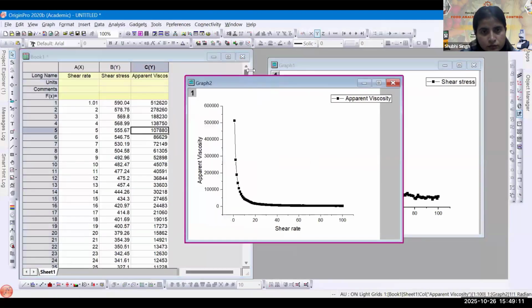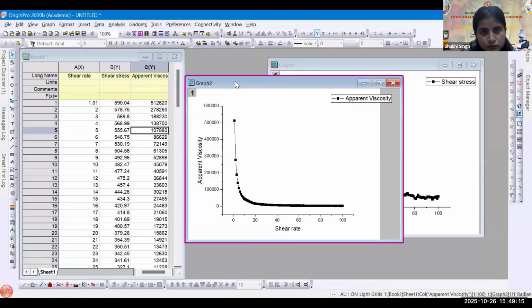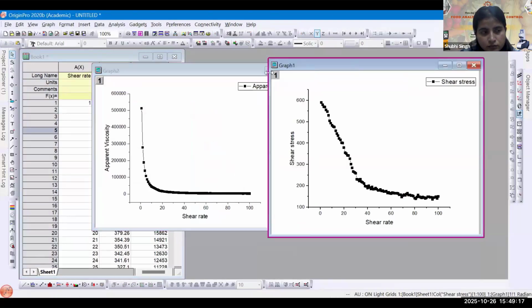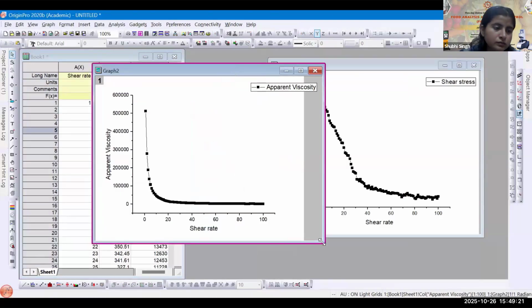Now, individually, we will talk about both of these curves, how to analyze and how to interpret this data. As you can see, this is the apparent viscosity graph. Apparent viscosity is the ratio of shear stress to shear rate at a given point in the flow curve. The apparent viscosity is a concept used to describe the flow behavior of non-Newtonian fluids.